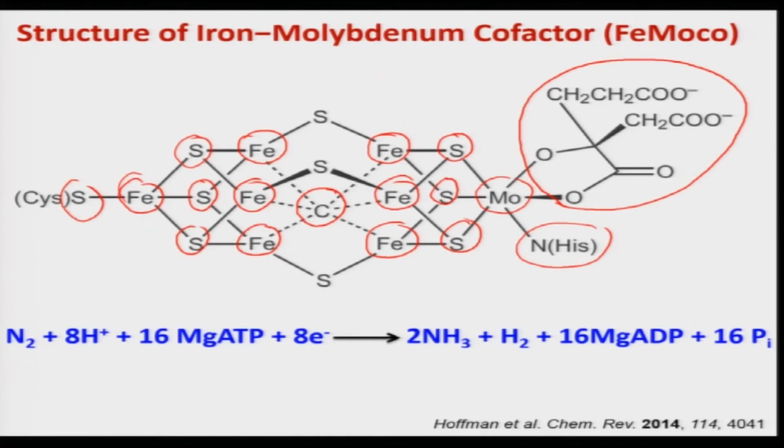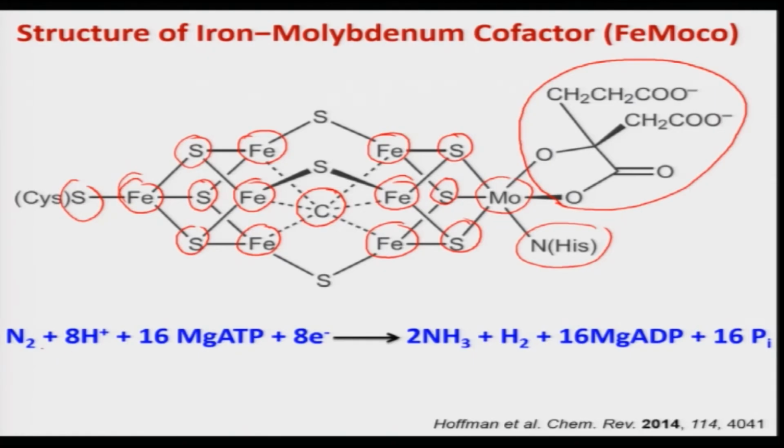The remaining 6 central iron atoms are in tetrahedral coordination, 3 ligands being sulfur bridges, the 4th being the carbon atom. The 6 central iron atoms constitute 3 open iron 4 S4 faces, and as I have said, this iron molybdenum cofactor is responsible for this conversion of nitrogen to ammonia.